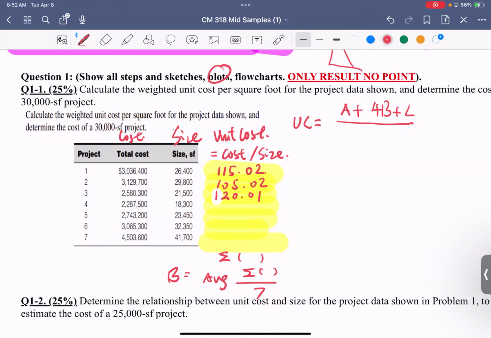The next one is 125, and 160.98, and then 0.98.